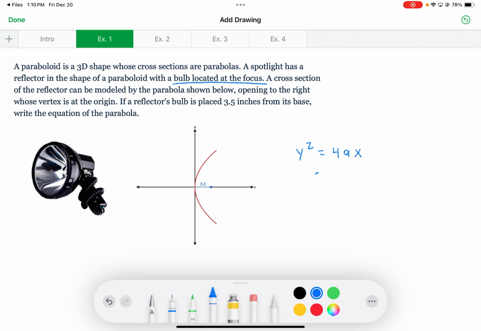So that 3.5 is my A value. I can substitute that into the model. 4 times 3.5 would be 14. So the equation is simply y squared equals 14x. That's all we're looking for there.